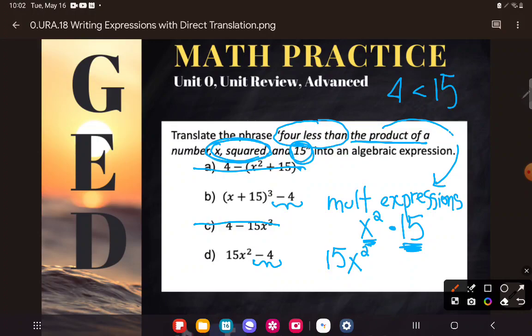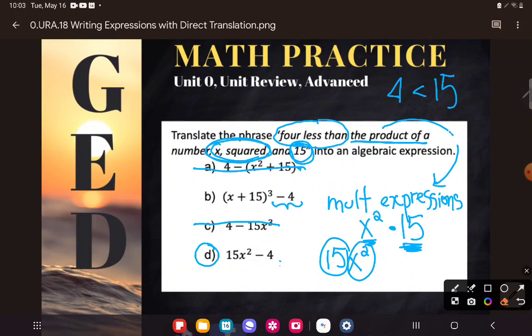And so if I wanted to say the product of a number x squared and 15, I'd just shove them real tight together to say they were multiplying. And so what's the correct answer here? It's D.